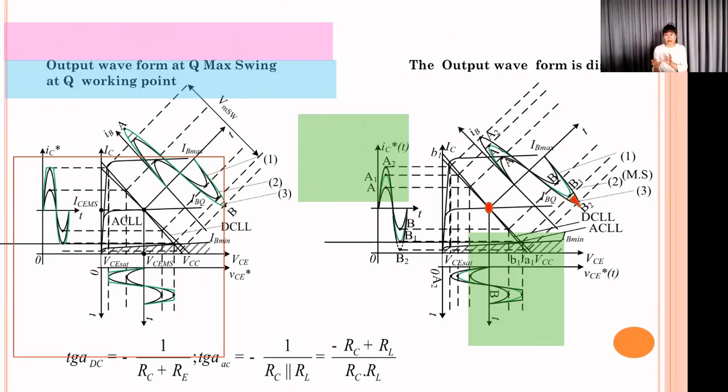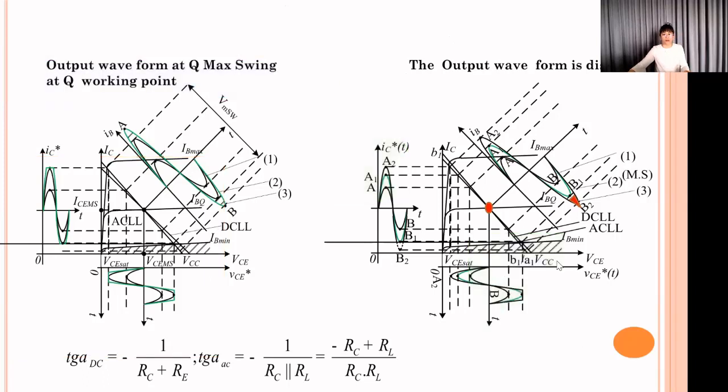Distorted is the meaning of the position. Here we should choose the position of the Q point for amplification without distortion.